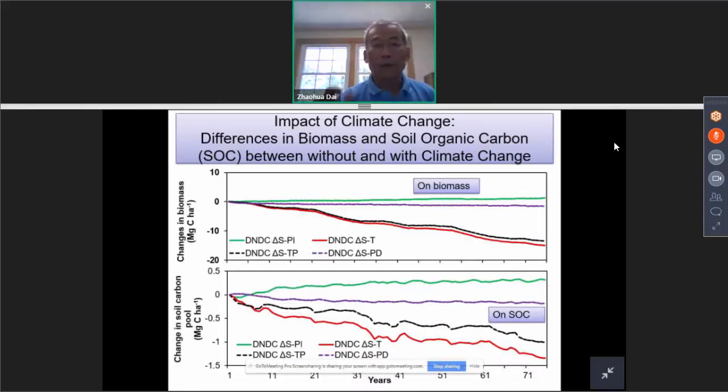This green line is the precipitation increase, and this purple line is the precipitation decrease. You can find it's only a little different for the Yucatan Peninsula.